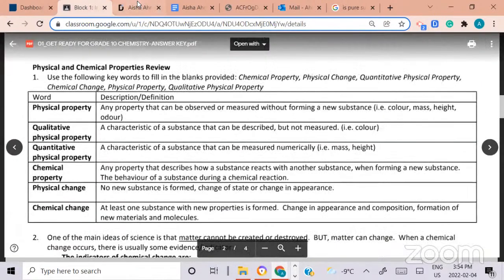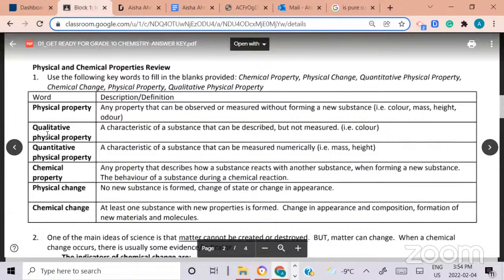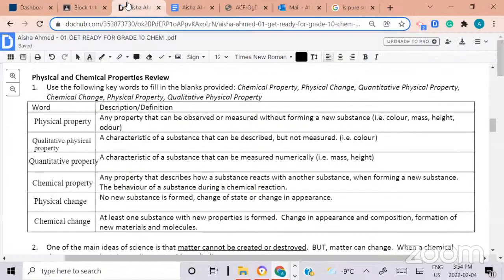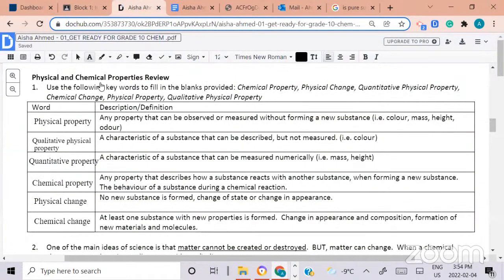Okay, so we have physical property, qualitative, quantitative, qualitative, chemical property, physical change, and chemical change. Okay, now let me explain to you. Physical property is any property that can be observed or measured without forming a new substance.